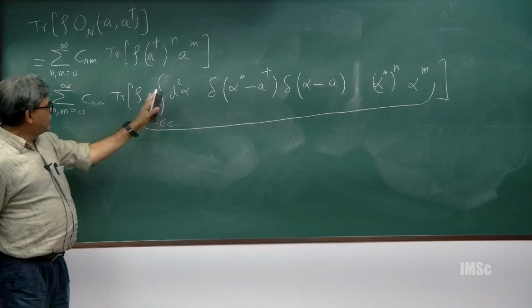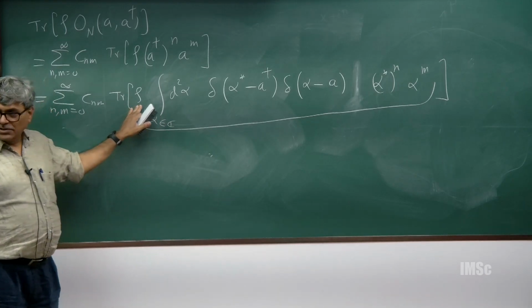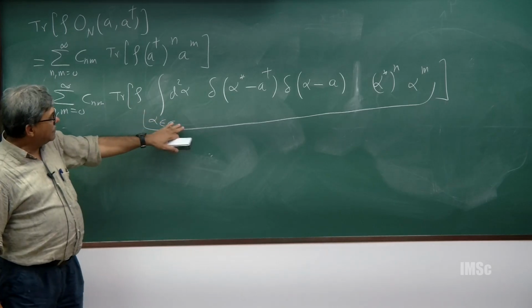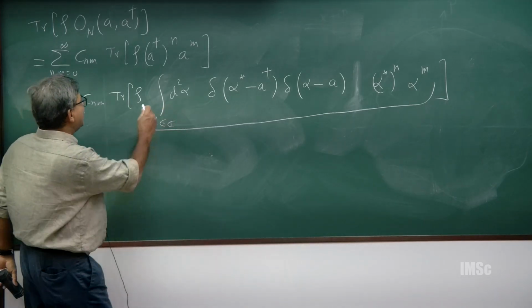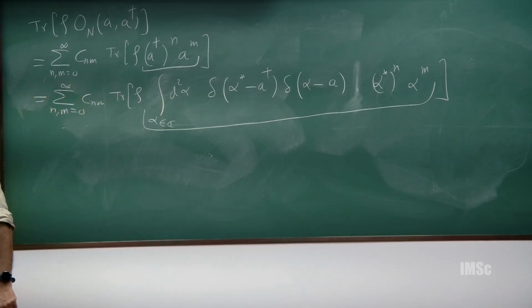I can take rho inside the trace and integral, that is not an issue, because rho is independent of alpha. What I am doing is replacing this one by this. So, symbolically it is possible.